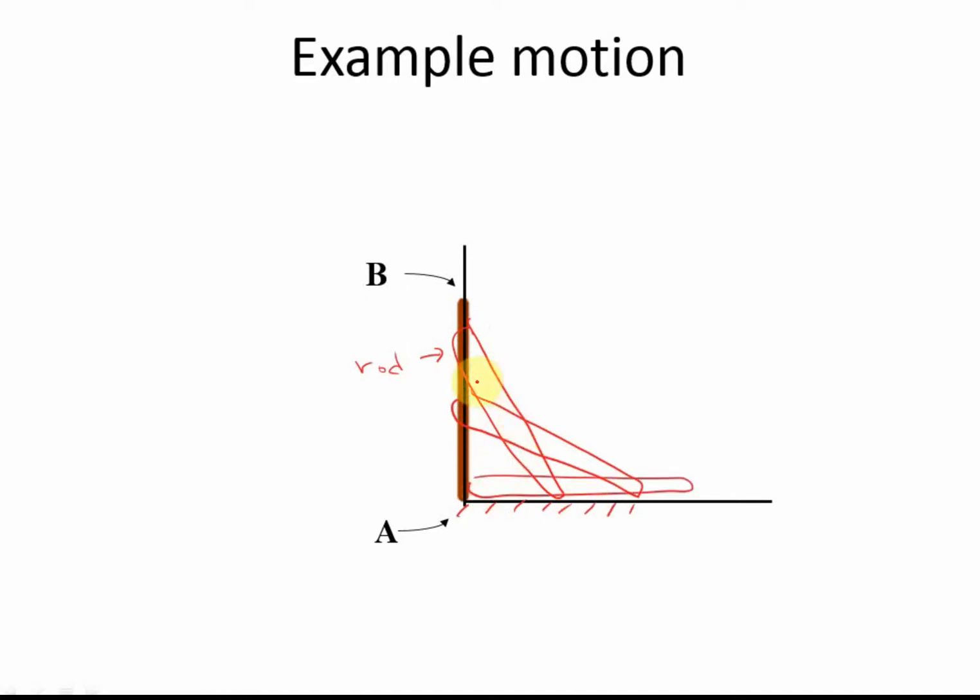So it slips and goes this way. If you think about this one, this is actually undergoing general plane motion. So the rod is undergoing translation plus also rotation as well.